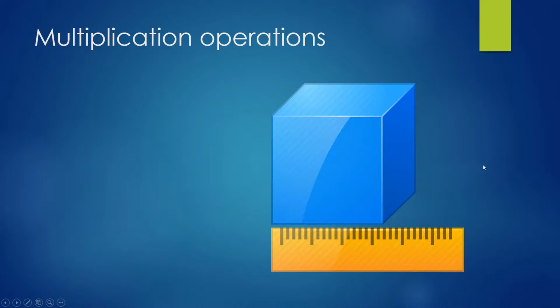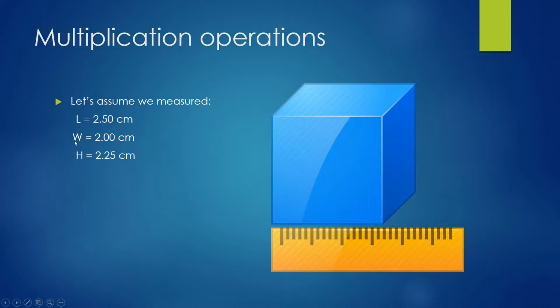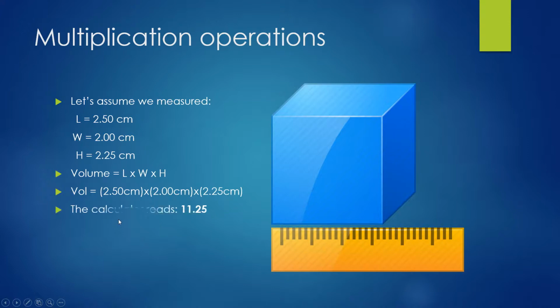Multiplication operations with significant figures. Let's assume that we measured these dimensions, length, width, and height. If we were to compute volume using these data, we would say volume is equal to the length times the width times the height. We would substitute these values for the respective variables, write our equation, and solve using a calculator. The calculator would read 11.25.